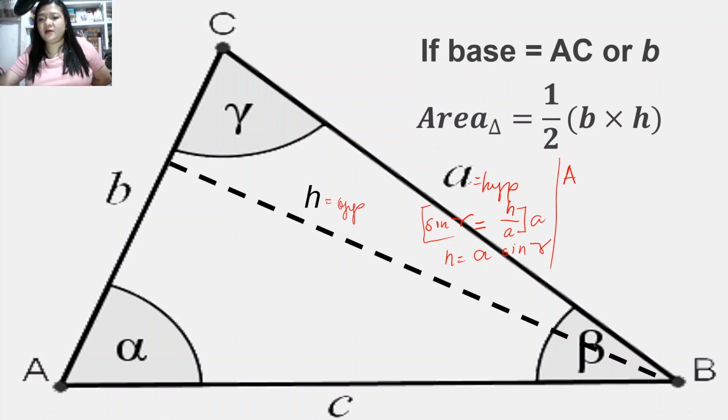Okay, so the area of the triangle will be equal to 1/2 times B times height, which is A sine gamma. Or the area of this triangle will be equal to 1/2 AB sine gamma.